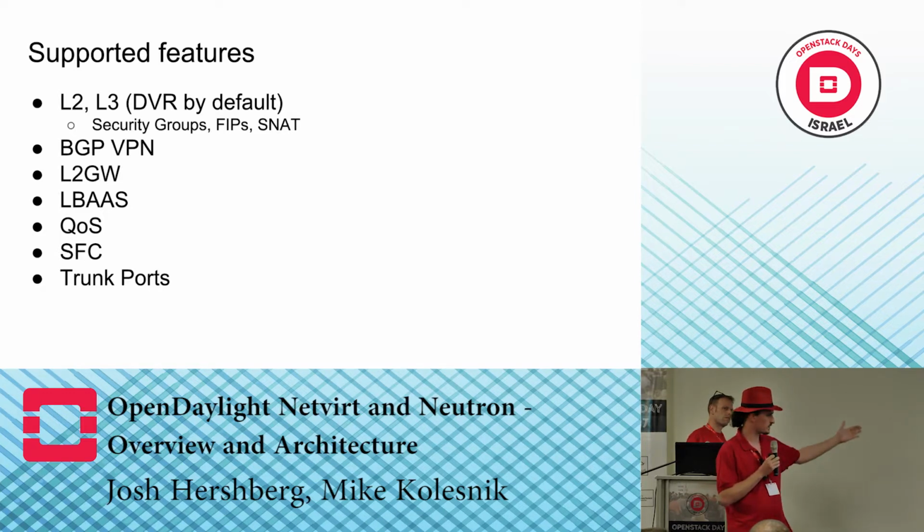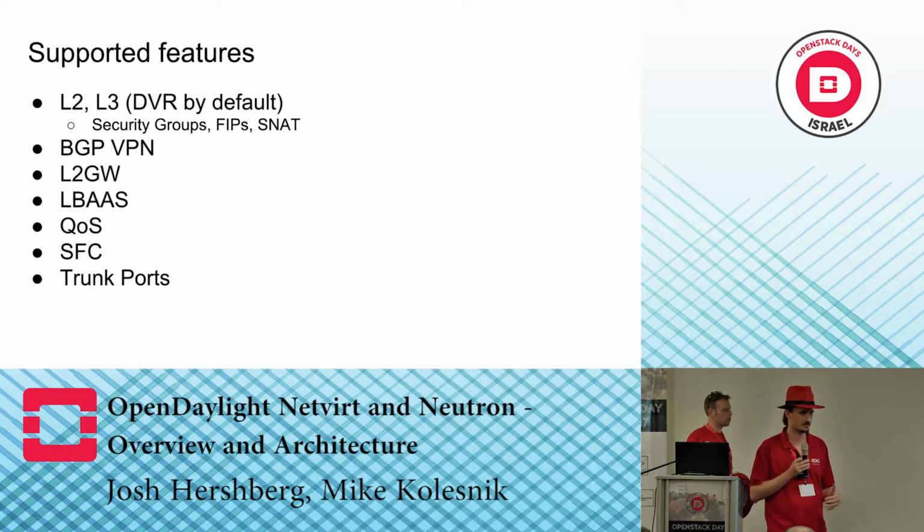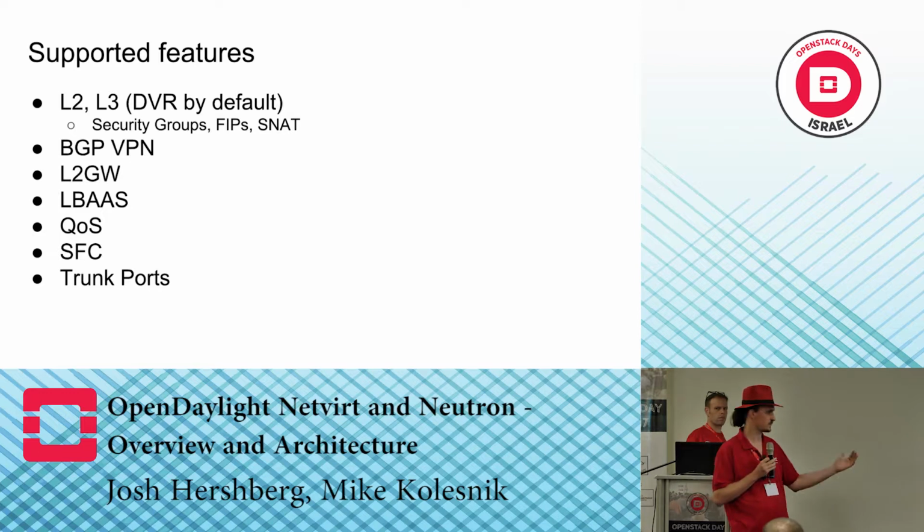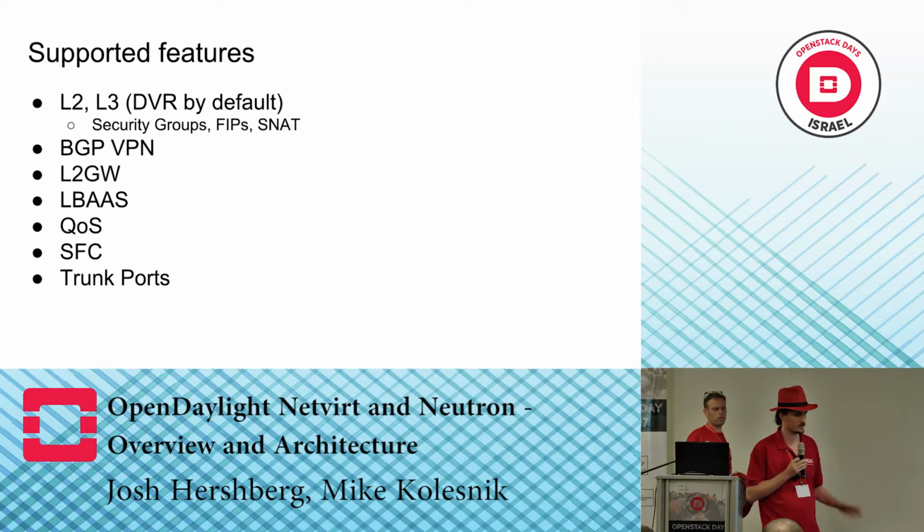Also, we have the more advanced features, and this list keeps growing. We have BGP and L2 gateways and trunk ports, and with each version new features are added. It mostly depends on the availability in OpenDaylight, right? If OpenDaylight is quick to deliver these features, then we add this support to the networking ODL drivers, which is just supposed to be a shim layer connecting Neutron and OpenDaylight.